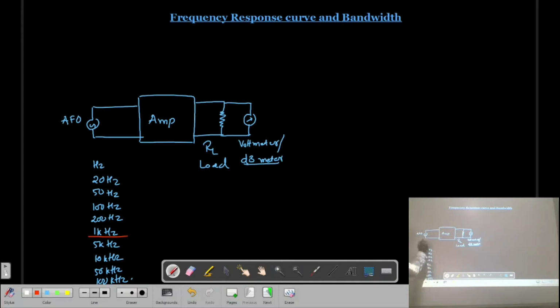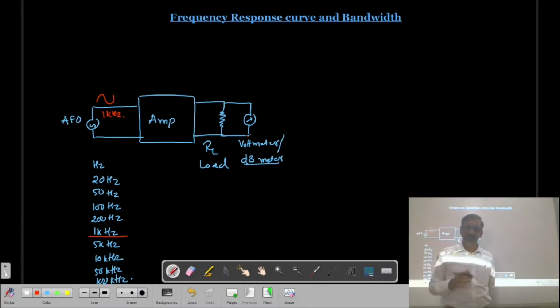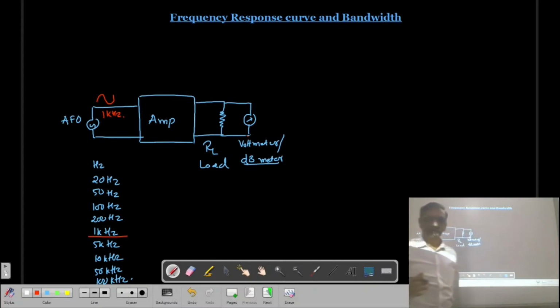So at the input, we apply a sine wave of 1 kilohertz frequency, and then we have to see the output power in dB. It can be 1 dB, 2 dB, minus 5 dB, minus 3 dB, correct?